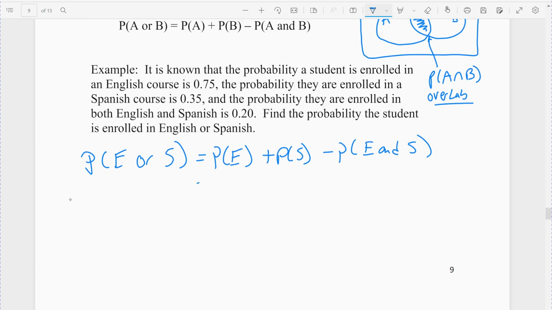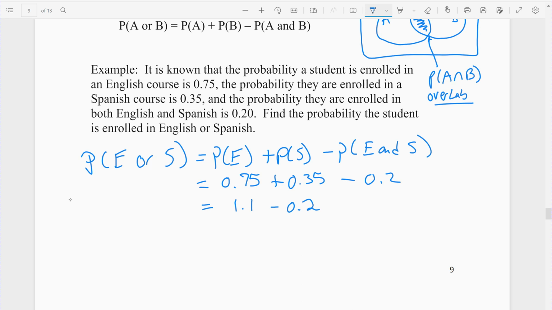So if I plug this in, probability of English class, 0.75, probability of Spanish class, 0.35. The check that I need to subtract is when I take the probability they're in an English class, add it to the probability they're in a Spanish class, that comes out to 1.1, which, if you recall, probabilities cannot be greater than 1. This would represent 110%.